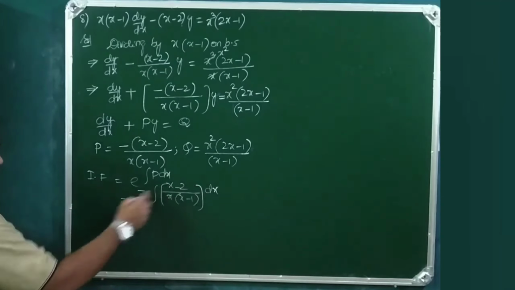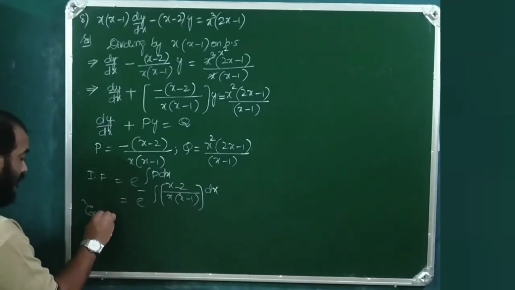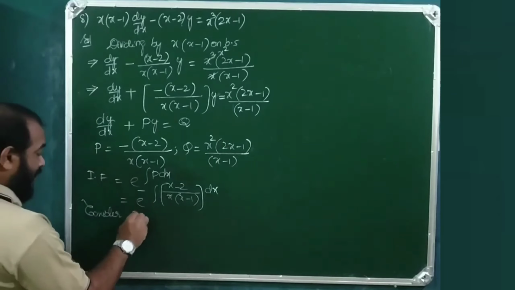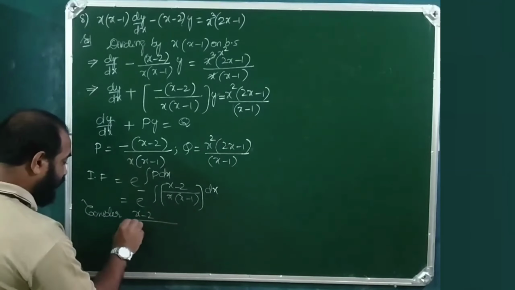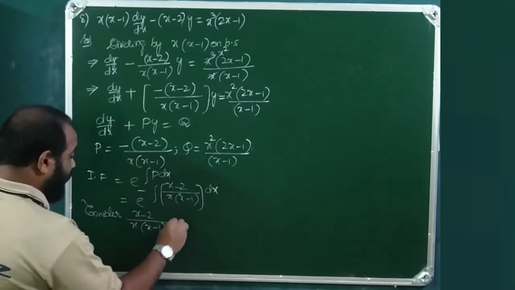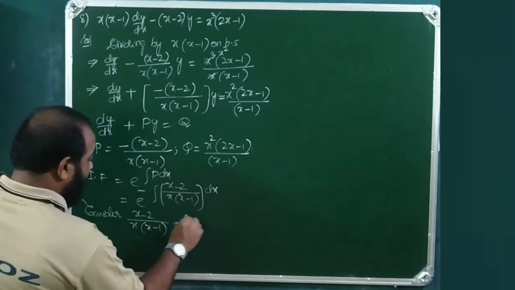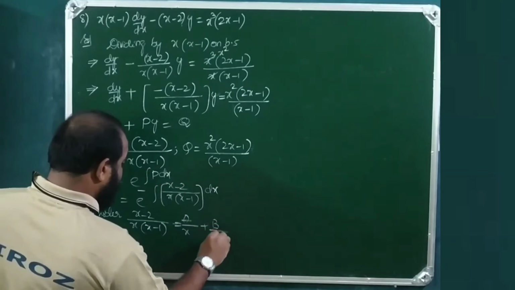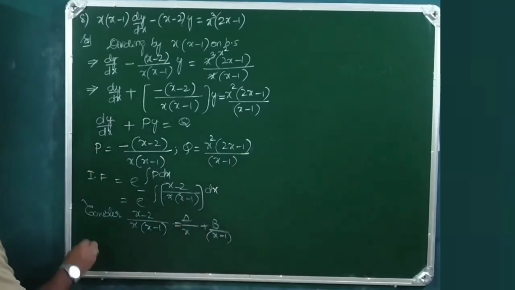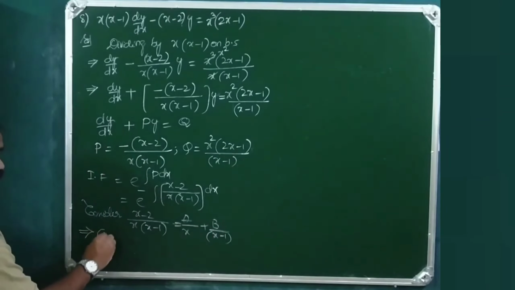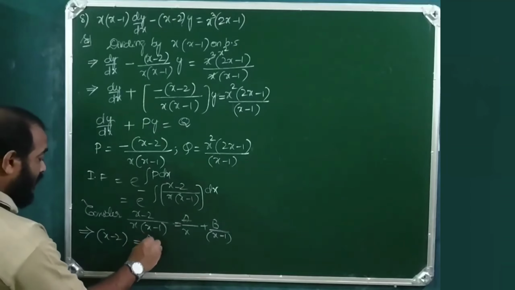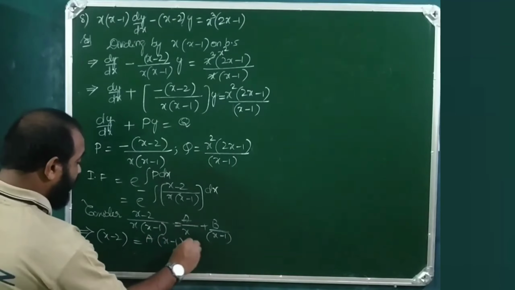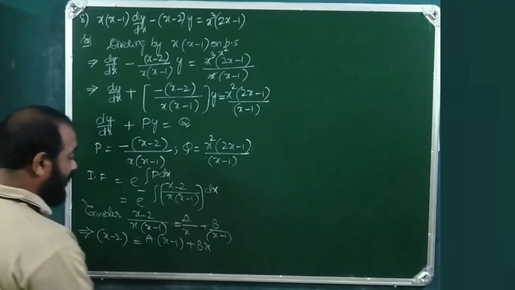So let us consider x minus 2 by x into x minus 1 is equals to a by x plus b by x minus 1. This is equals to x minus 2 is equals to a into x minus 1 plus b into x.